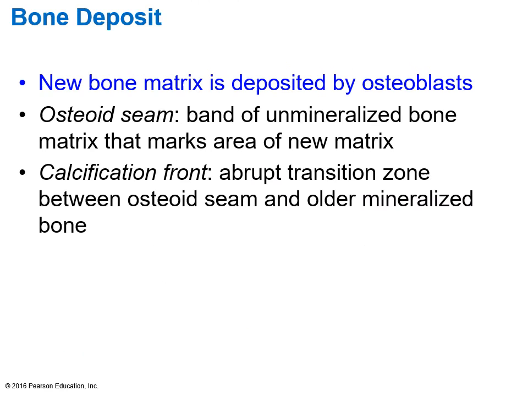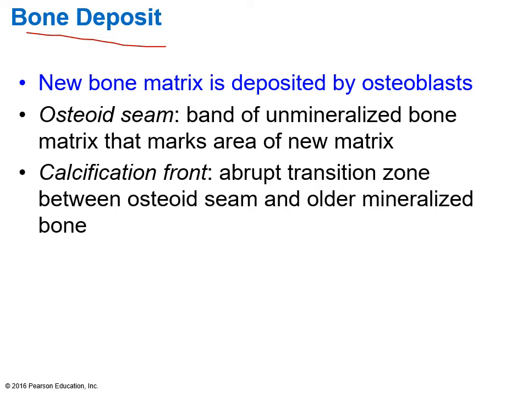And as a reminder, when you're doing your bone building, or bone deposit, the bone matrix starts to be formed, initially by our osteoblasts, and that is referred to as an osteoid seam, which is the mark of unmineralized bone matrix at the border of the new matrix.